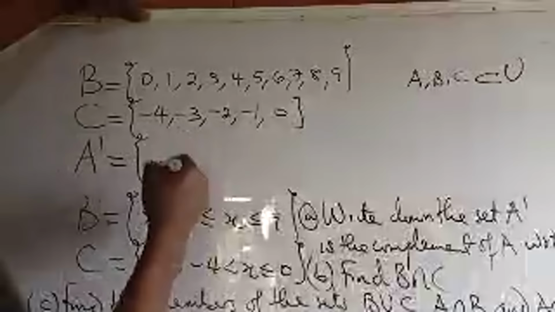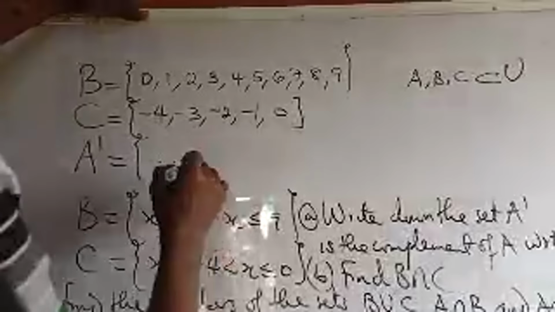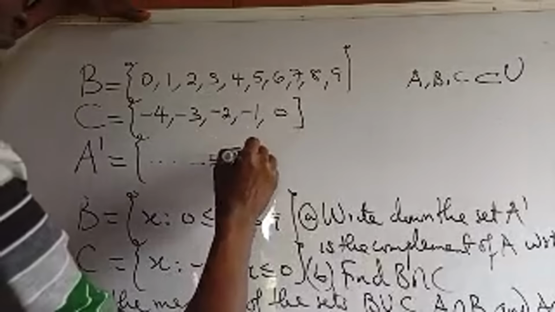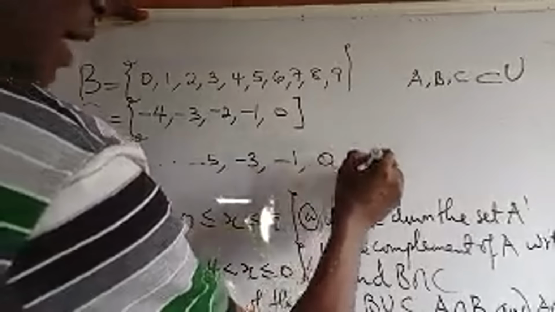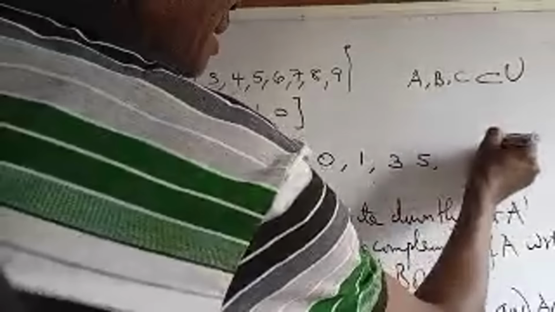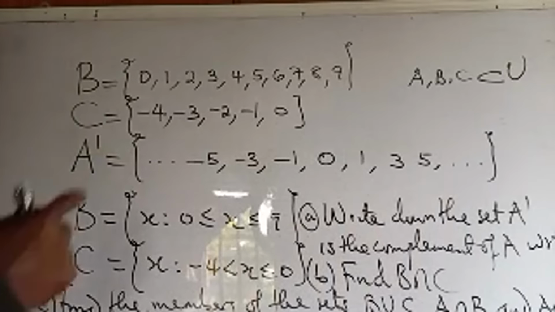And the universal set contains elements that are divisible by 2 and elements that are not divisible by 2. So you can write dot, dot, dot, and start with just any odd numbers: -5, -3, -1. You get it now? Now 0, then 1, 3, 5. You can't list them all. Dot, dot, dot. So these are the complement of A, that is elements that are not in A, but which are in the universal set.